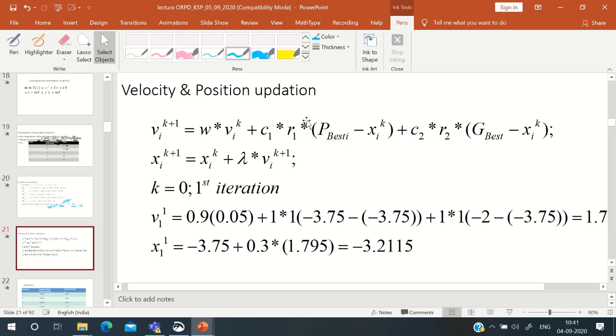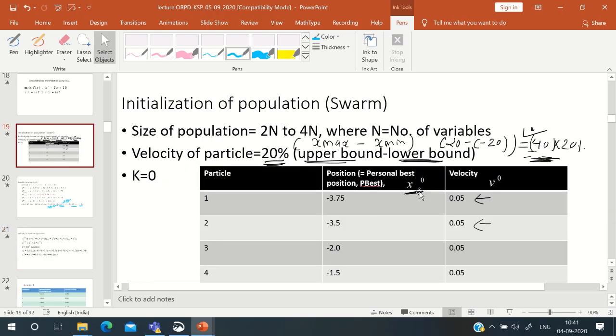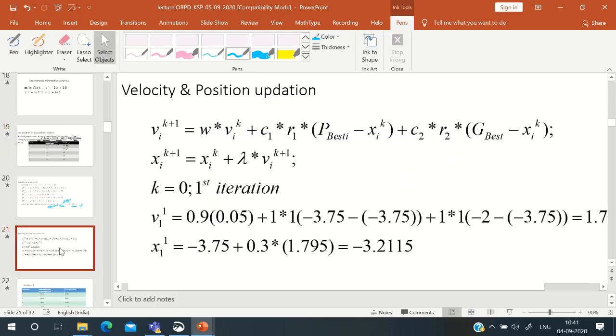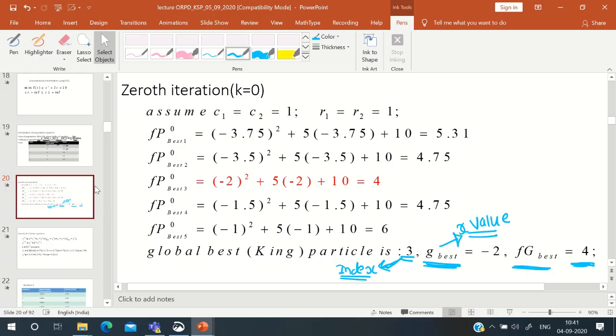So p best, the personal best position of the first particle, is minus 3.75, minus the current position of the particle. Current position means x1 superscript 0, which is again minus 3.75, both are the same, minus 3.75, plus C2 R2 1 into the bracket g best, meaning the x value of the global best particle.